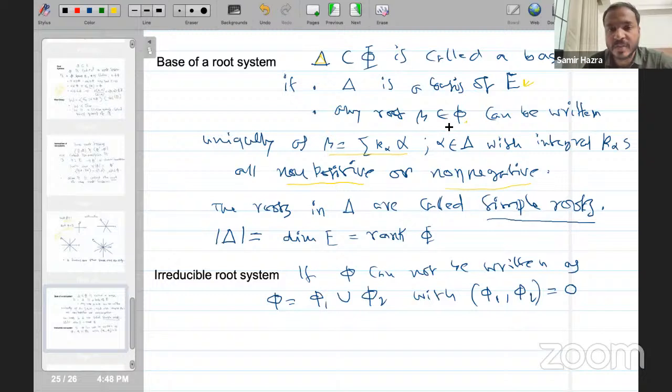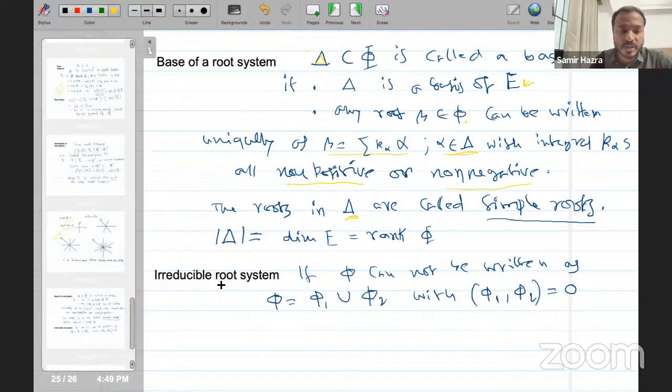This subset must be a basis of E. Then the roots inside this set are called simple roots. Obviously, the cardinality of this set is the dimension of E, which is again the rank of phi.